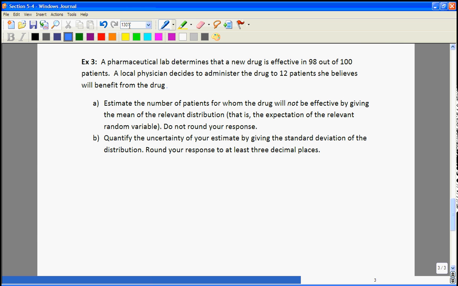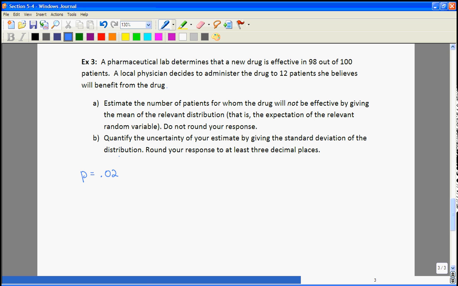Now, the way the numbers were presented to us, we were talking about the drug being effective. But in Part A, they're interested in the drug not being effective. So we have to kind of switch our perspective here. So if I'm talking about the probability that it will not be effective, that means P is equal to 0.02. And that's what I want to set up. So it's like I want to be successful at not being effective, if that makes any sense.